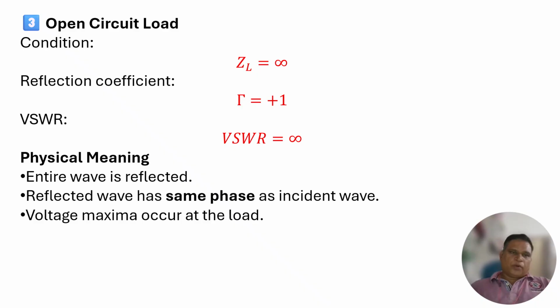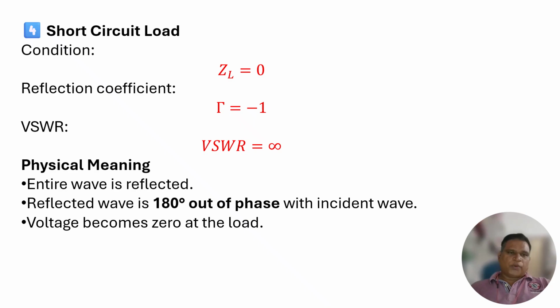Now coming to the open circuited load, ZL is equal to infinity. The reflection coefficient is equal to +1, and the VSWR is equal to infinity. For an open circuited load, the entire wave is reflected. The reflected wave has the same phase as the incident wave. The voltage maximum occurs at the load.